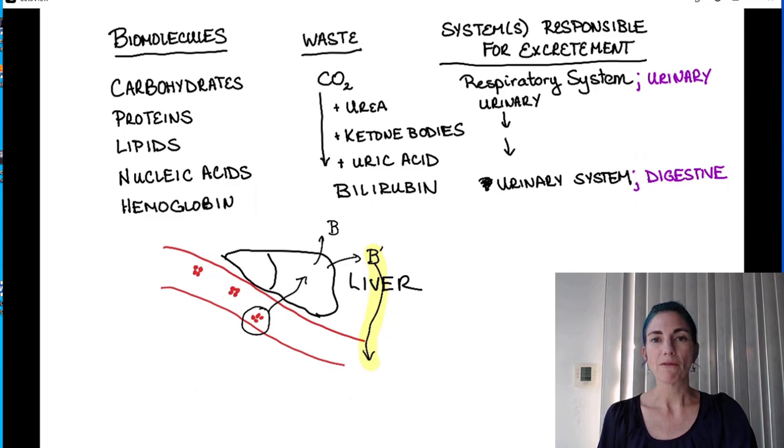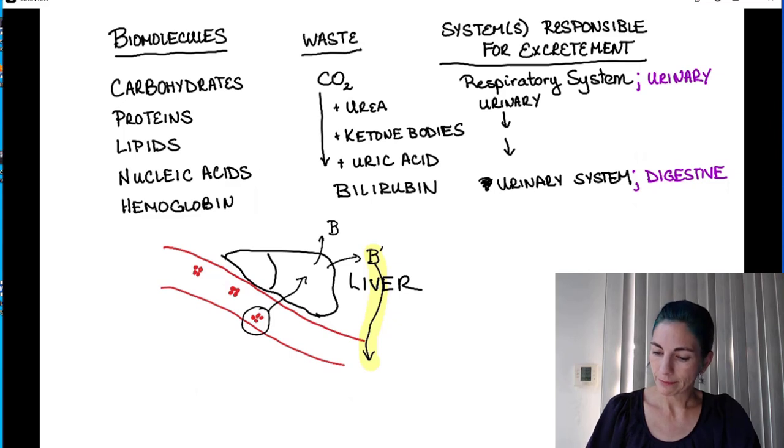Some forms of bilirubin are dumped down the bile duct into the duodenum of the small intestine, where they will eventually become feces. Interestingly enough, this contributes to the brown color of feces. Without bilirubin, feces would be more of a grayish color, like bird poop. There's your fun fact for the day.